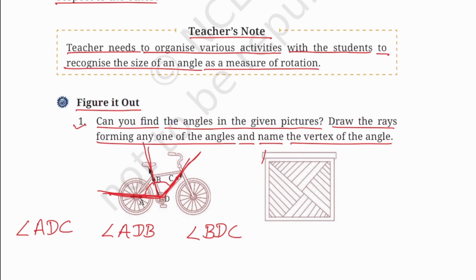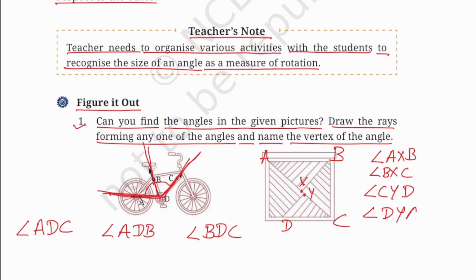For example, you can mark these points as A, B, C and D. You can name these points as X and here Y. So the angles here are angle AXB, angle BXC, angle CYD and angle DYA. Kindly note that.